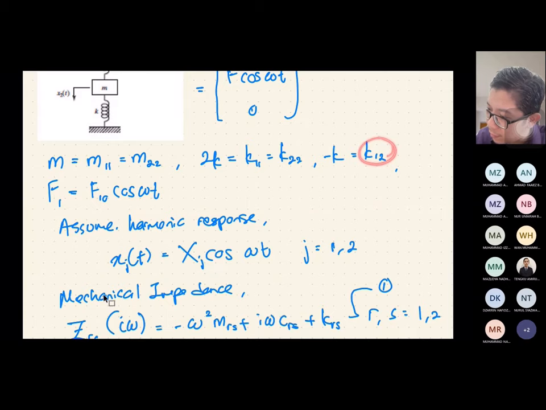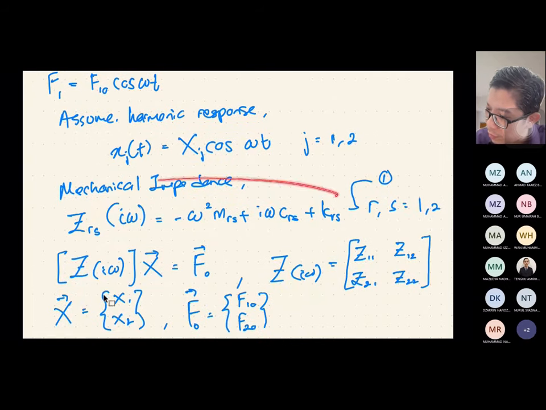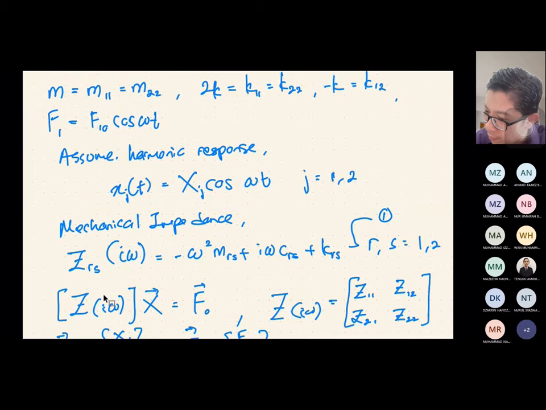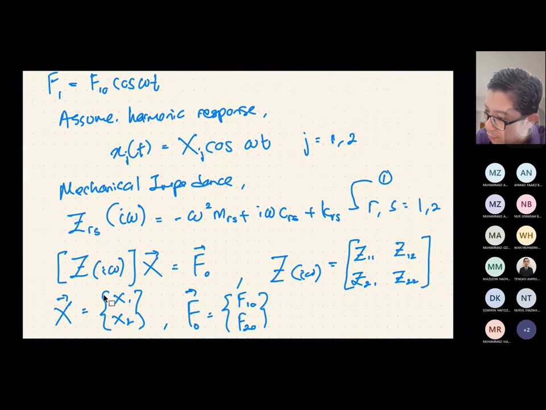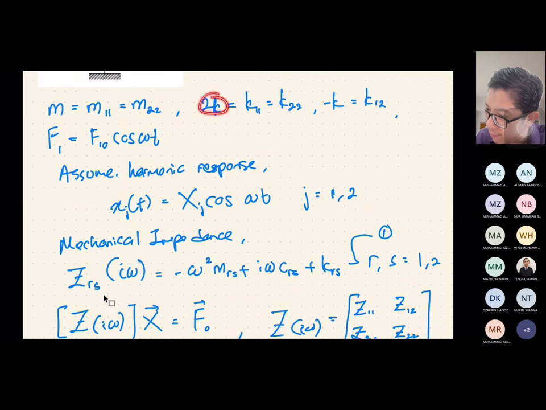So we have to take another one, 1, 2, put into the same equation, but the second equation. So the first equation is 1, 1 and 2, 2, the same numbers. The second one is only 1, 2. Okay. So since 1, 2 over here, we define a negative k. Okay. So kat sini tinggal negative k je. Dia tak ada sebab m is defined as 1, 1 and 2, 2. Kalau ada c pun defined as 1, 1 and 2, 2. So first one is 1, 1 and 2, 2. So 1, 1 and 2, 2 is 2k.